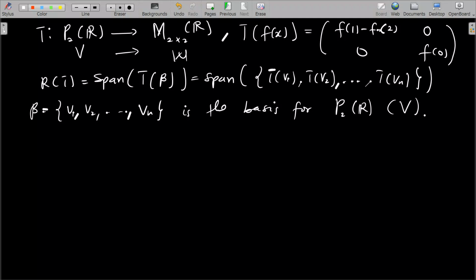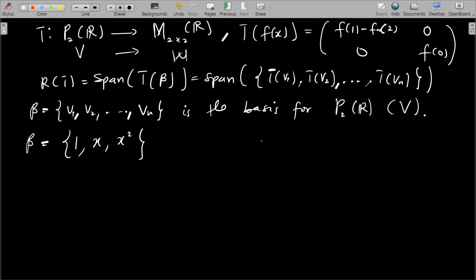What is the basis for this polynomial space? That means beta is equal to what? For polynomials of degree 2, the basis is 1, x, and x squared. Every polynomial of degree 2 will be spanned by these.